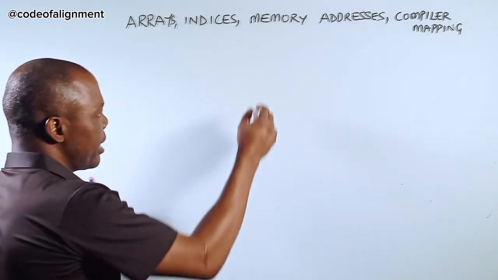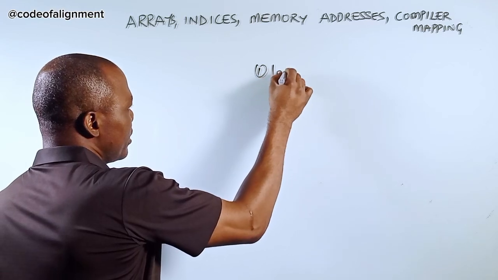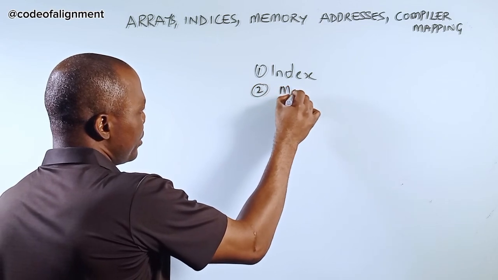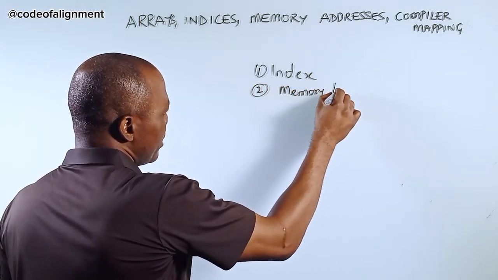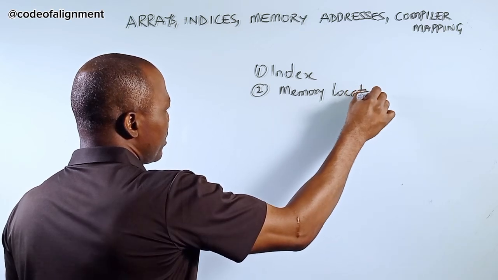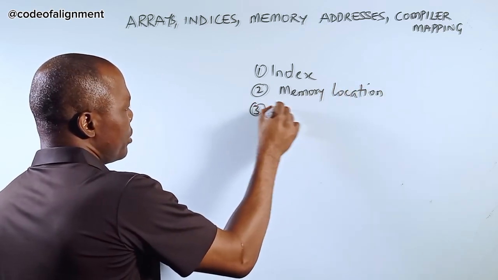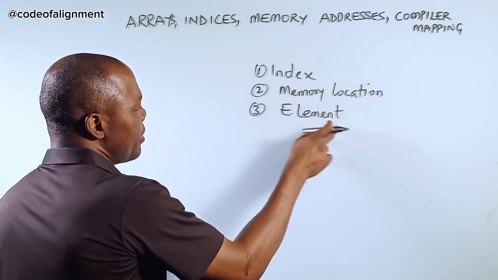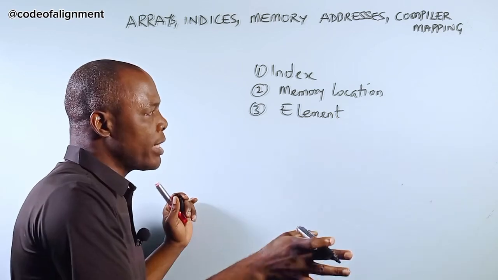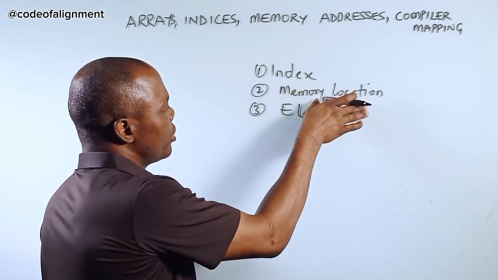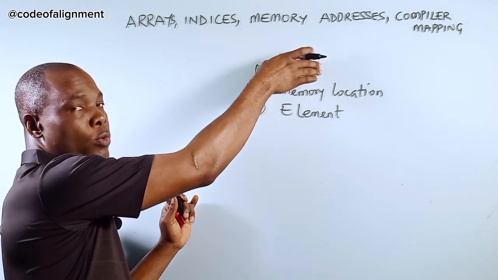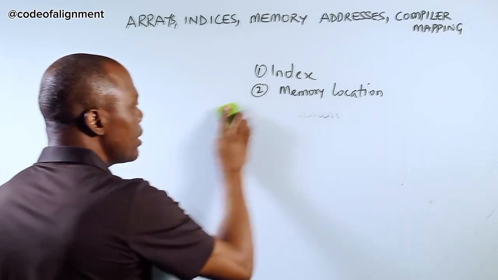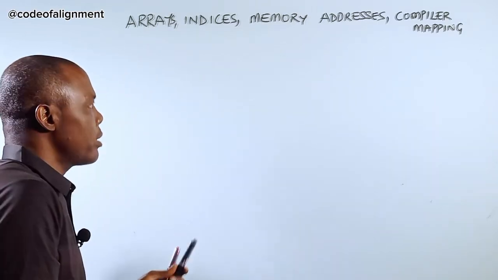So in that definition, I have mentioned the word index, I have mentioned memory location, and I've also mentioned the word element, right? An array is a collection of elements of the same data type stored in the contiguous memory location and can be accessed by what?